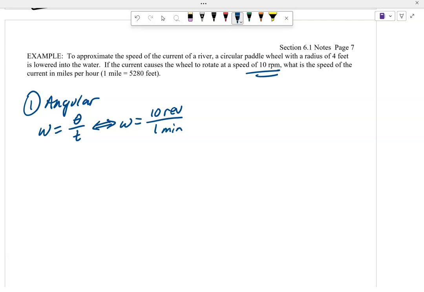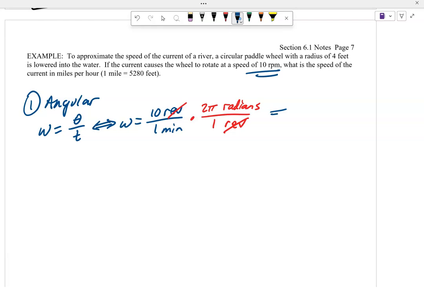This wheel is rotating 10 revolutions per minute. We want this in terms of radians per minute. So remember, each revolution is 2 pi, one time around, 2 pi radians per revolution.